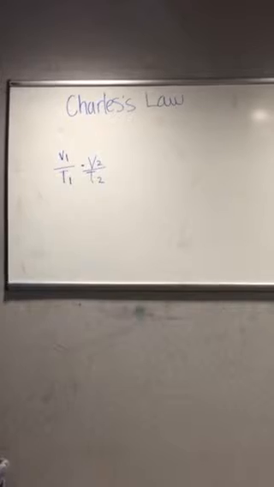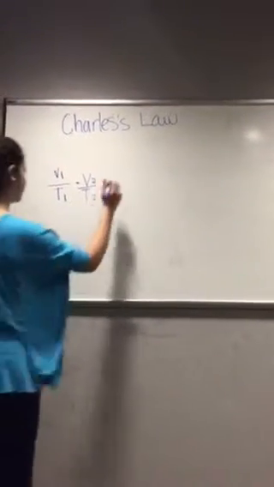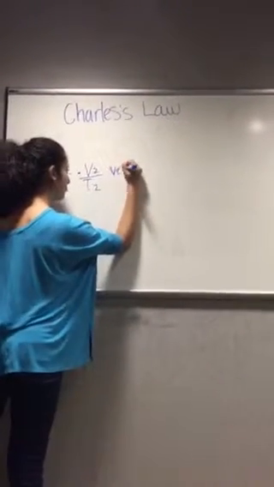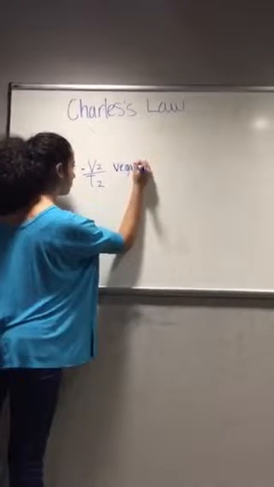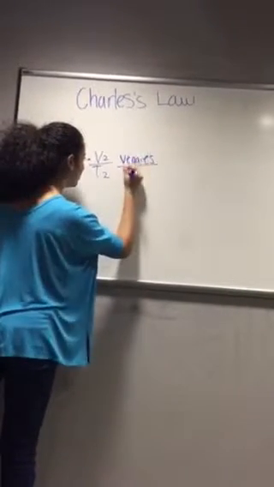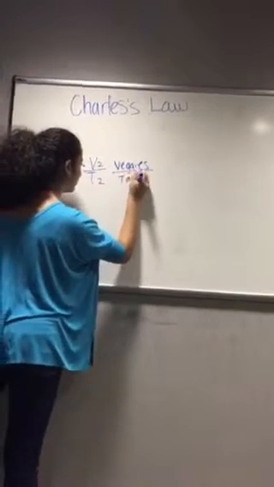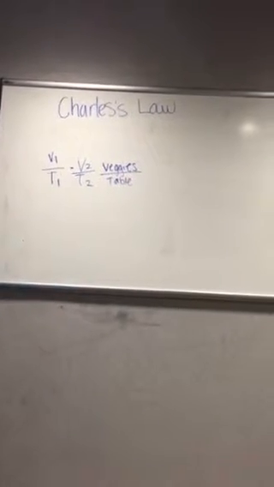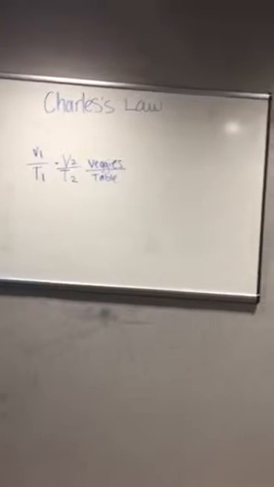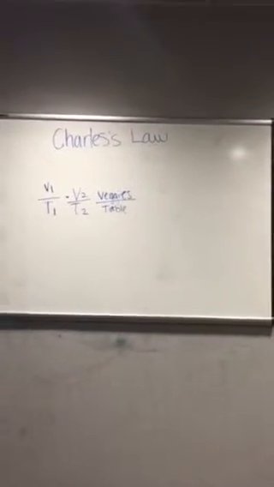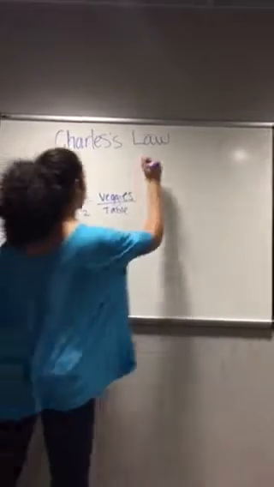Okay, a balloon is filled to 2.18 liters on a day when the temperature is 23 degrees Celsius. Assuming no change in pressure, what is the volume of the balloon on a day when the temperature is 17 degrees Celsius? So we're going to fill in the things we know. Volume 1 equals 2.18 liters.